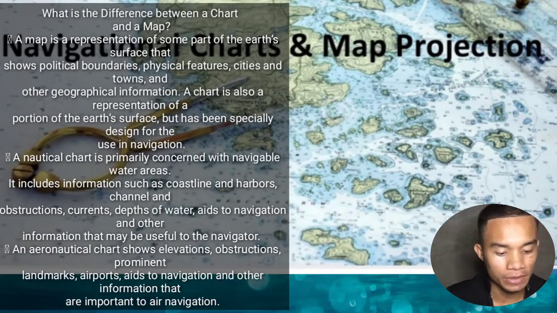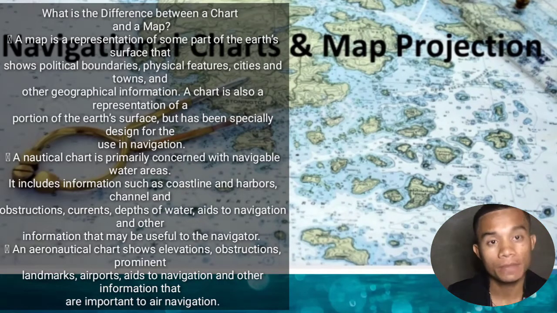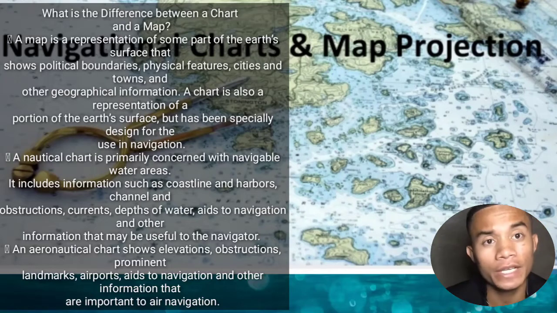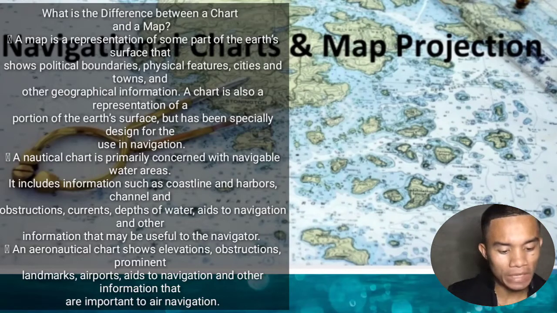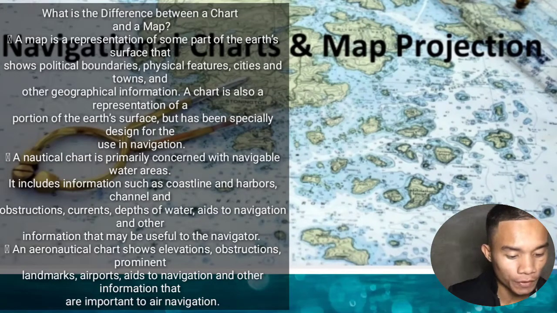A map is a representation of some part of the surface that shows political boundaries, physical features, cities and towns, and other geographical information, but a chart has been specially designed for use in navigation. Now, a nautical chart is primarily concerned with navigable water areas.